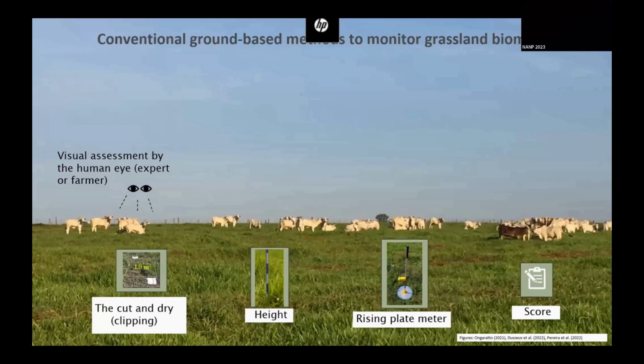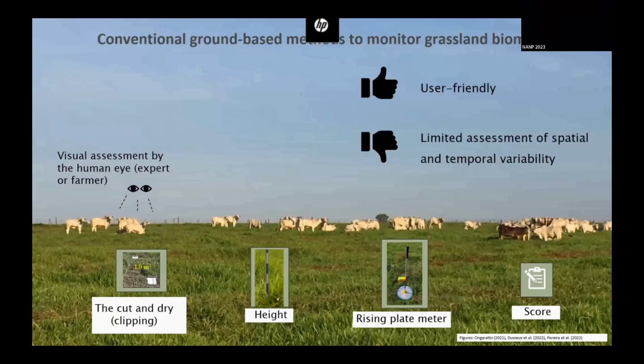So the conventional techniques to measure this grassland forage biomass are based on ground measurements. Although those ground measurements are user-friendly, very easy to use, they have limited assessment of the spatial and temporal variability of the forage production throughout the year.